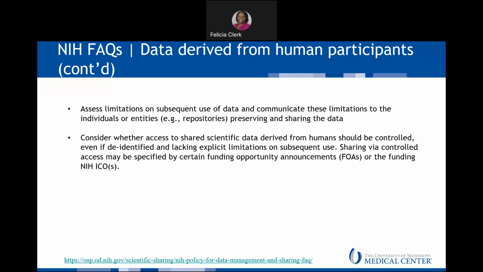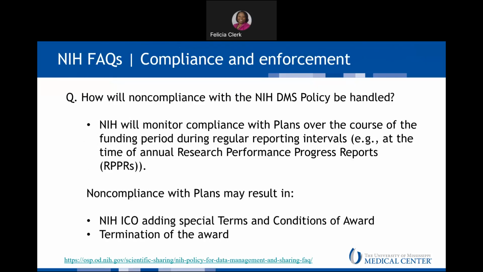So we'll be paying particular attention to whether or not, if you request or if you're awarded by a specific agency, what their requests are as far as your data management and sharing plan. Are they requesting your data to be uploaded or in a specific repository or something of that nature?